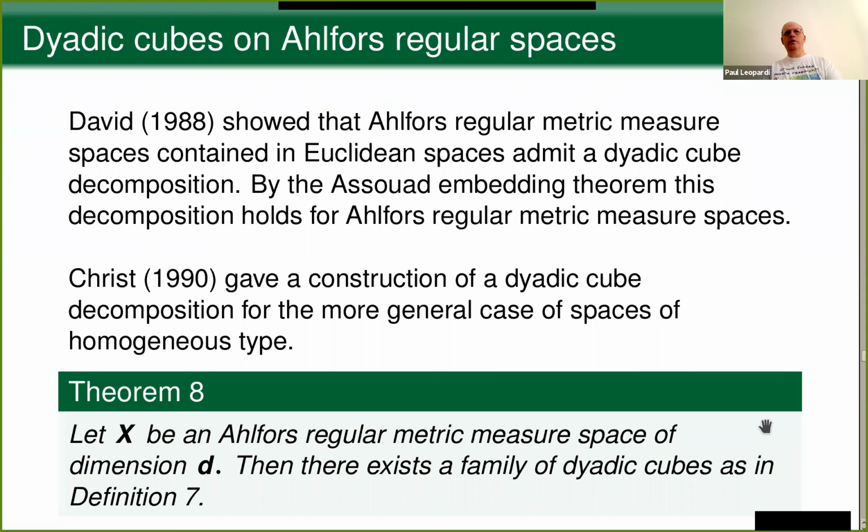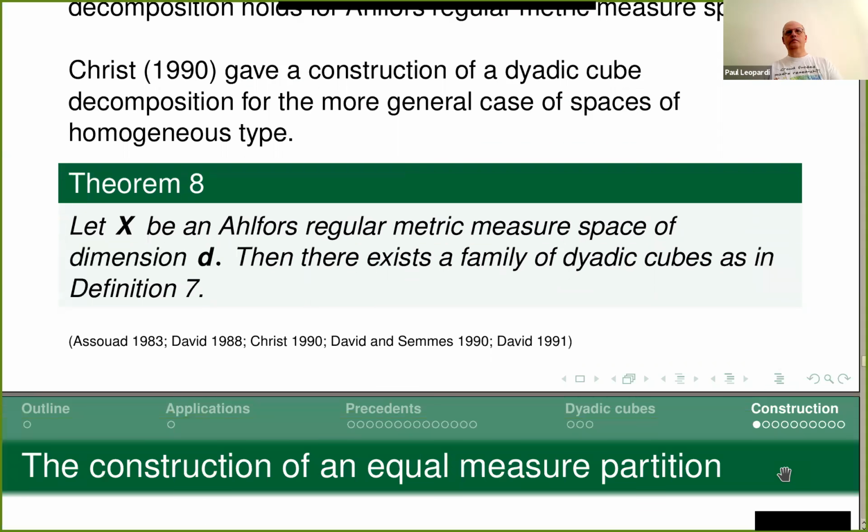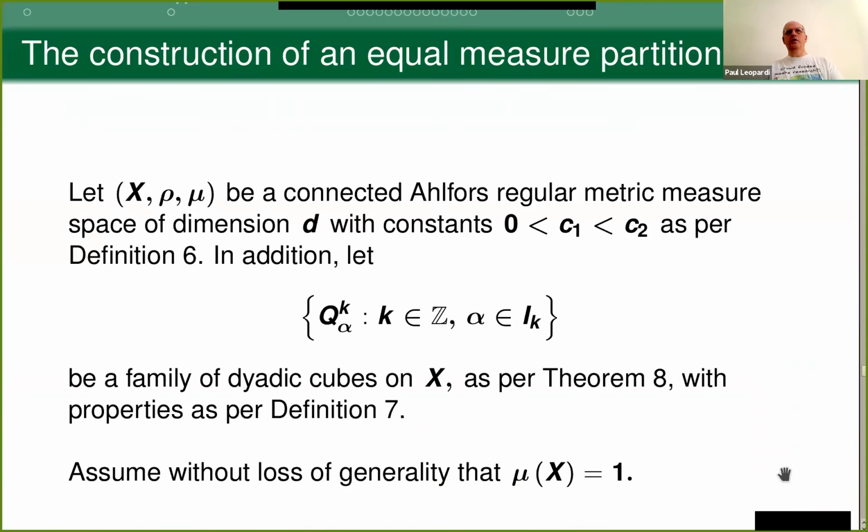And so the theorem that we're relying on is Theorem 8. Let X be an Alford's regular metric measure space of dimension D. Then there exists a family of dyadic cubes as in our definition. So that's the bedrock that we're starting with for the construction.